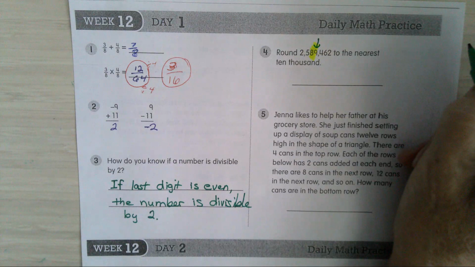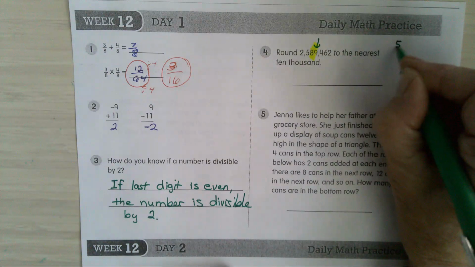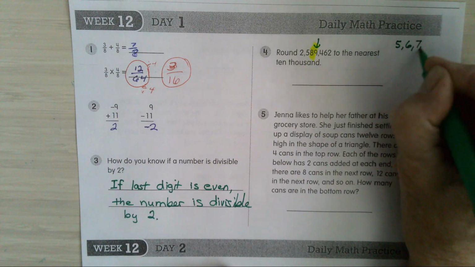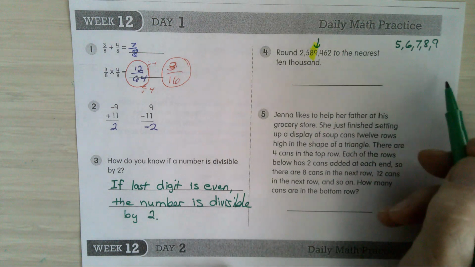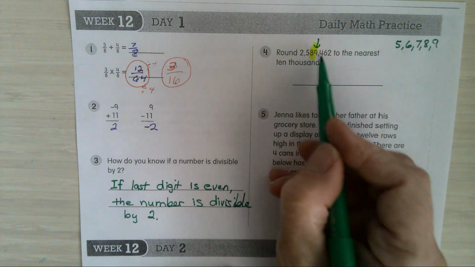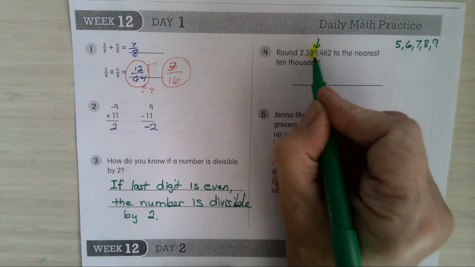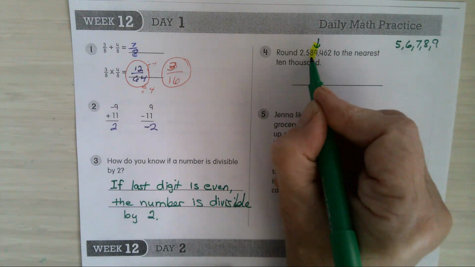The bumping numbers that can bump the number up are 5, 6, 7, 8, and 9. So if one of these digits follows the place that you are wanting to round to, it will bump it up 1. So yes, 9 is one of the bump up numbers. It will bump the 8 up 1, and 1 more than 8 is 9.